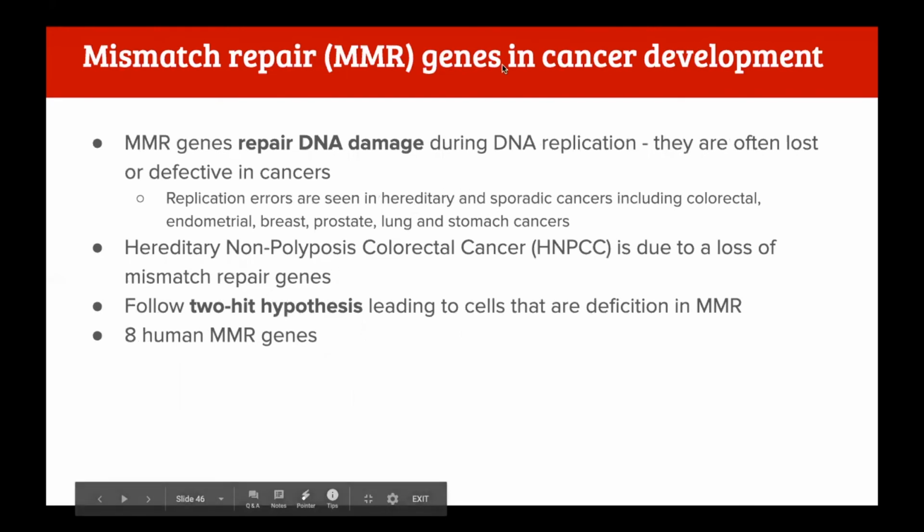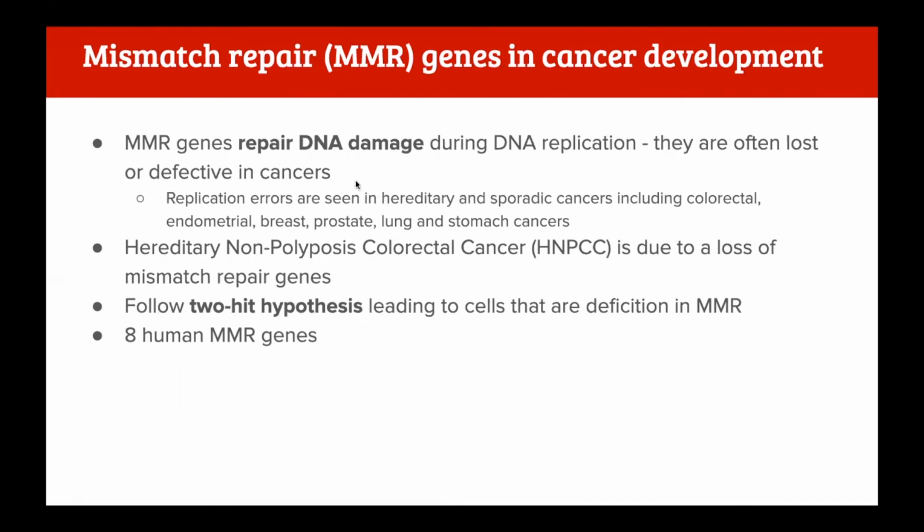Moving on to mismatch repair genes. So MMR genes repair DNA damage during DNA replication, and they're often lost or defective in cancers. Replication errors are seen in hereditary and sporadic cancers, including colorectal, endometrial, breast, prostate, lung, and stomach cancers.